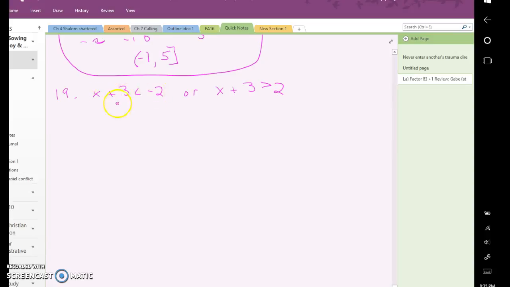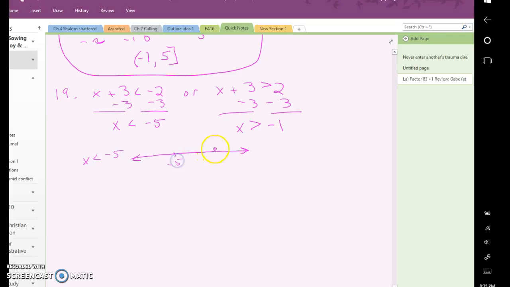If x plus 3 is less than negative 2, we can subtract 3 from both sides, and x is less than negative 5. If x plus 3 is greater than 2, we can also subtract 3 from both sides, and x is greater than negative 1.